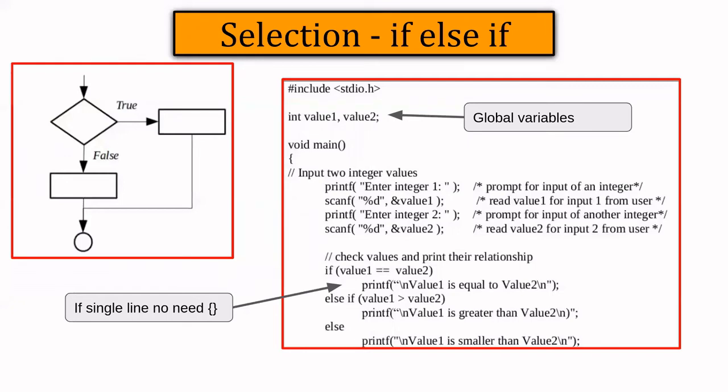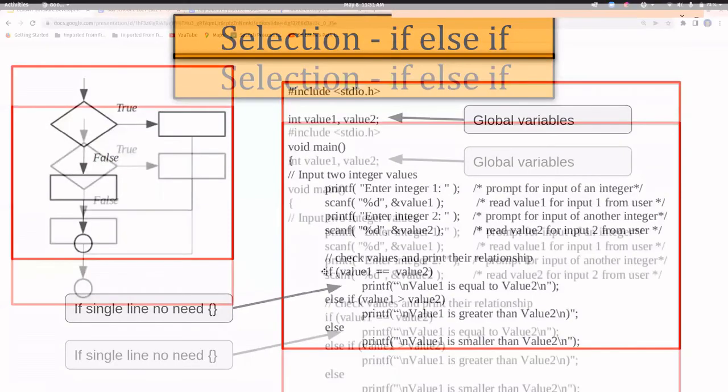Global variables are declared for several programs, several modules. If it is only one program, there is no major point in declaring the variables outside the main function or inside. Okay, I will give this also.